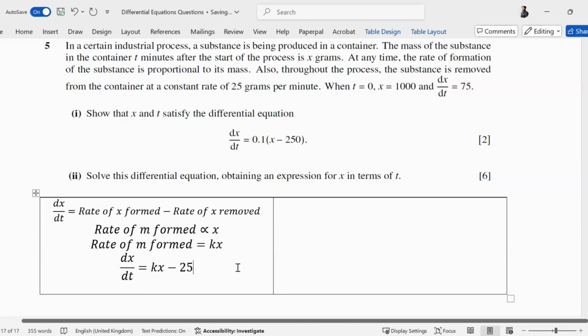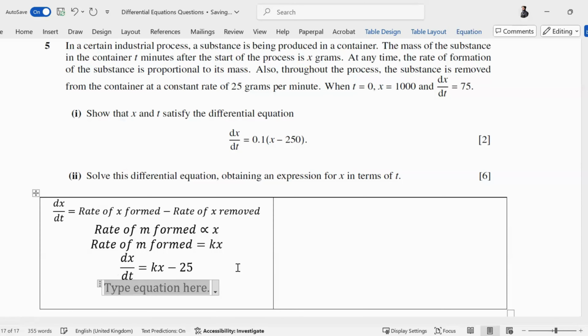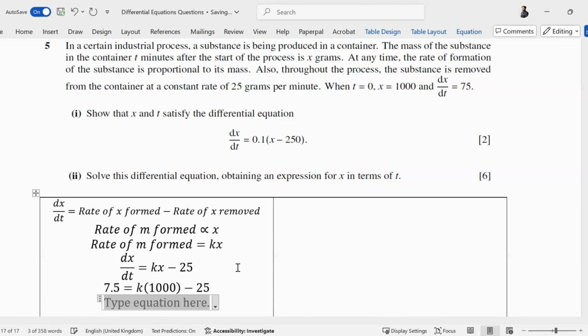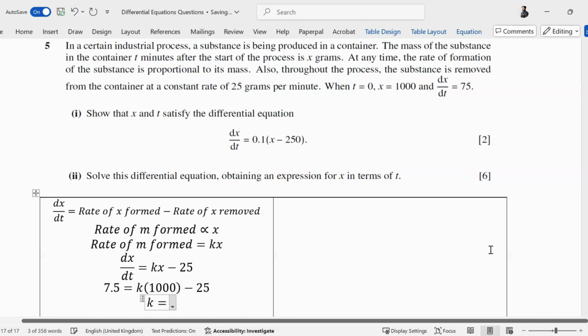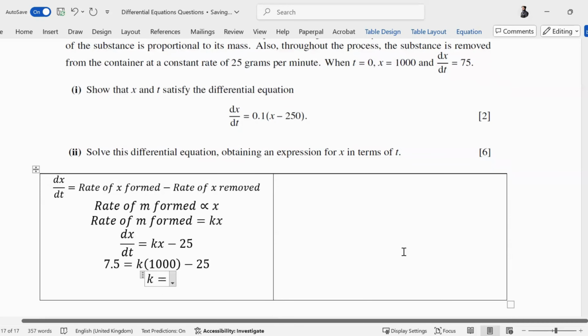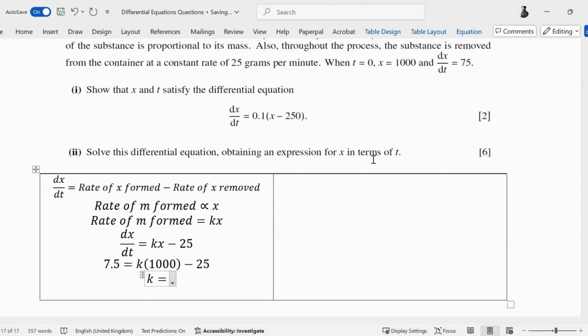Okay, that's fine. Now the question told me that when t is 0, dx by dt is 7.5 and x is 1000. So can you use it and solve it and tell me the value of k that you end up with? What is the value of k? I've told you, when you read the question, note down the data.